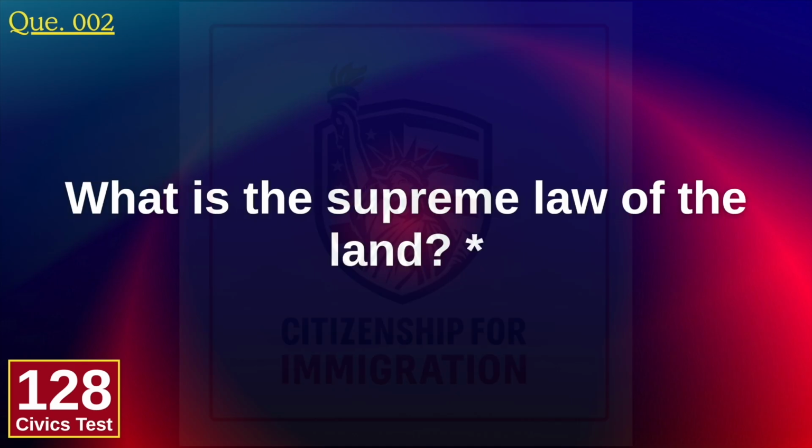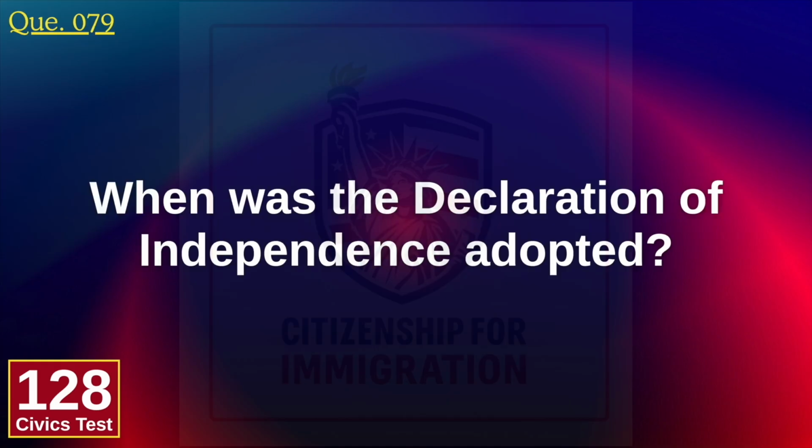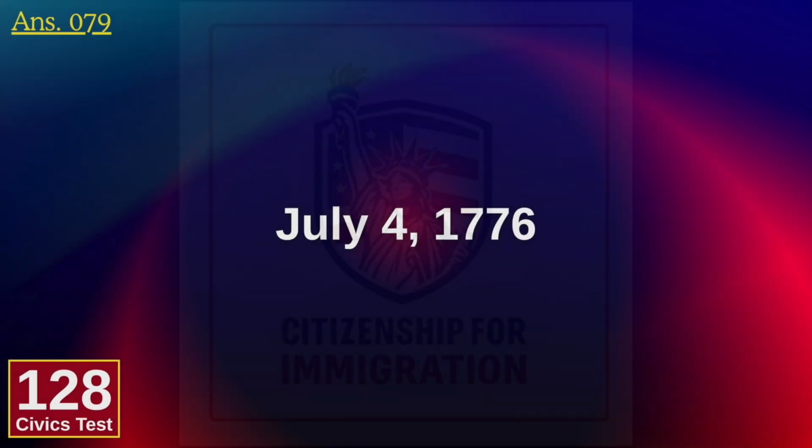What is the supreme law of the land? U.S. Constitution. When was the Declaration of Independence adopted? July 4, 1776.